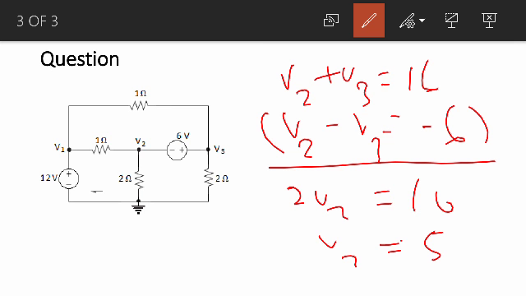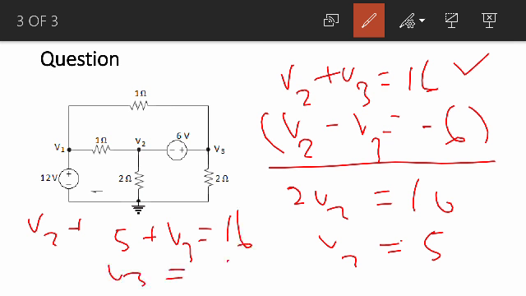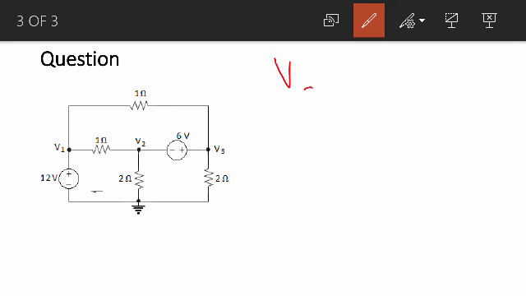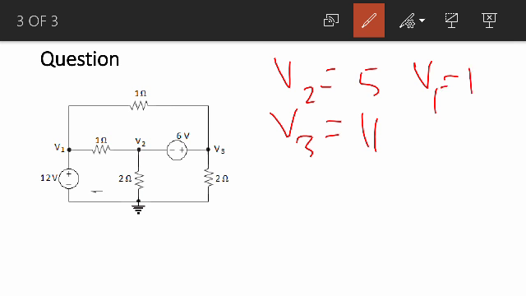Now if we substitute V2 in the first equation, we get 5 plus V3 equals 16, so V3 is equal to 11. So our V2 is 5 and our V3 is 11, and we've seen that V1 is 12.